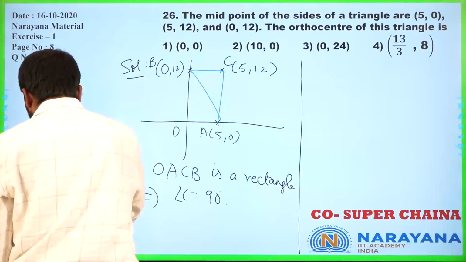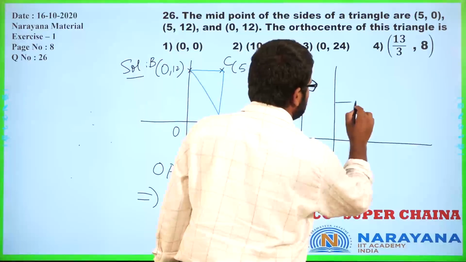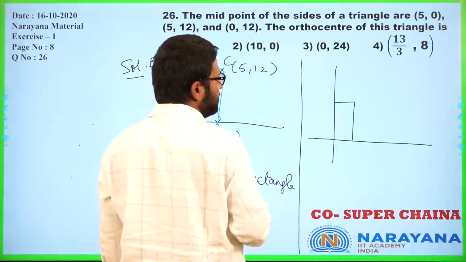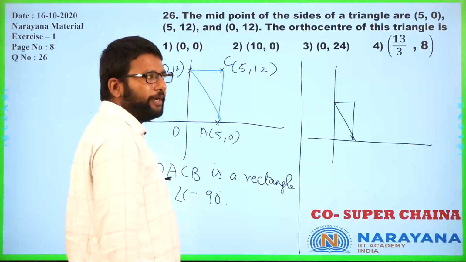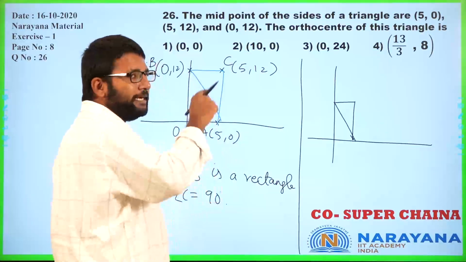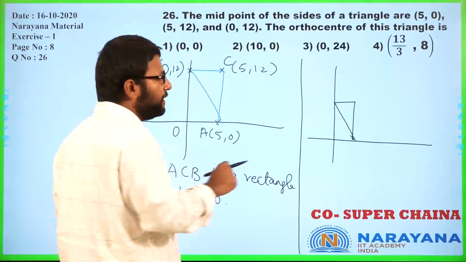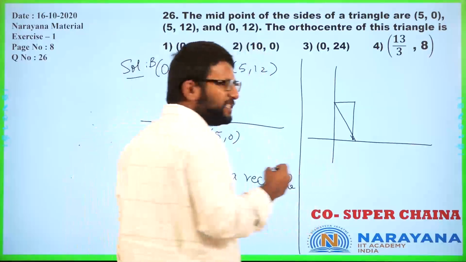In which case, draw this once again. These are the midpoints, right? Now you know that in any triangle, if all the midpoints are joined, they will divide the entire triangle into 4 congruent triangles, which means now try and make those 4 congruent triangles. Just go by intuition.